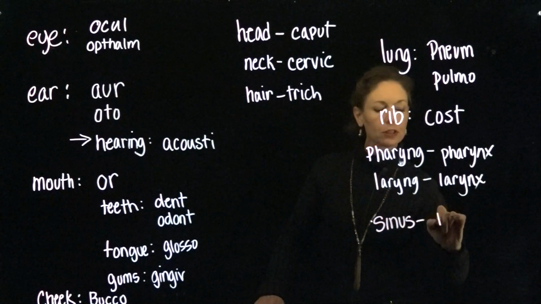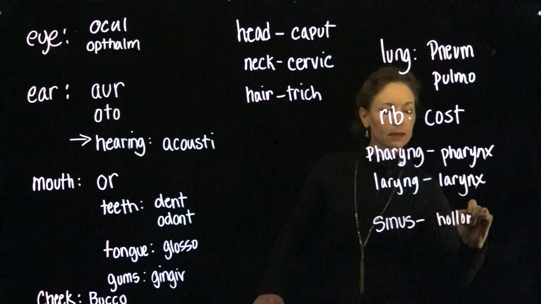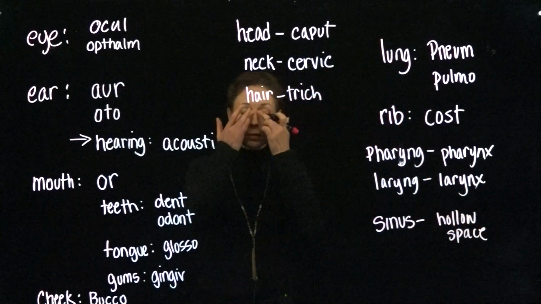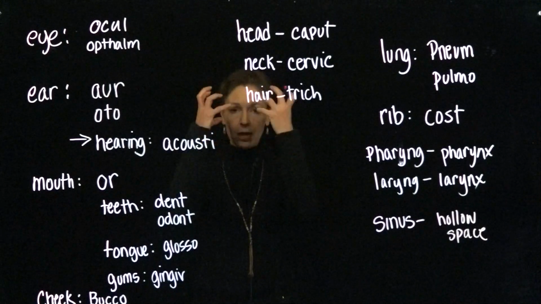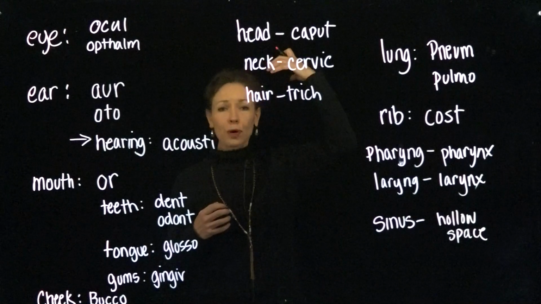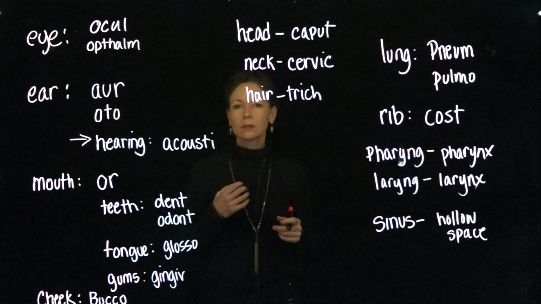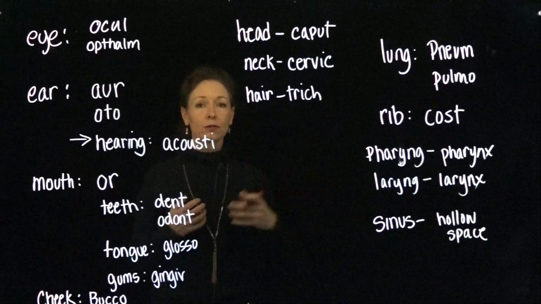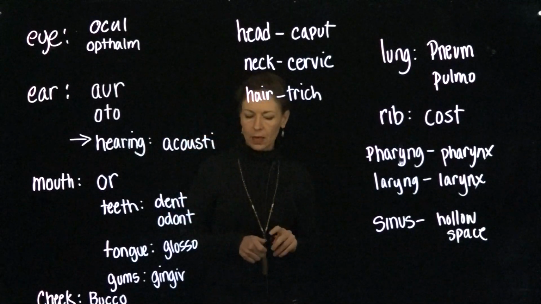And sinus really just means hollow space, because you have multiple sinuses in here and they're actually just hollow spaces. You actually have sinus cavities in your brain if you didn't know that. So sinus doesn't always refer to just your nose. It really means hollow spaces in places.